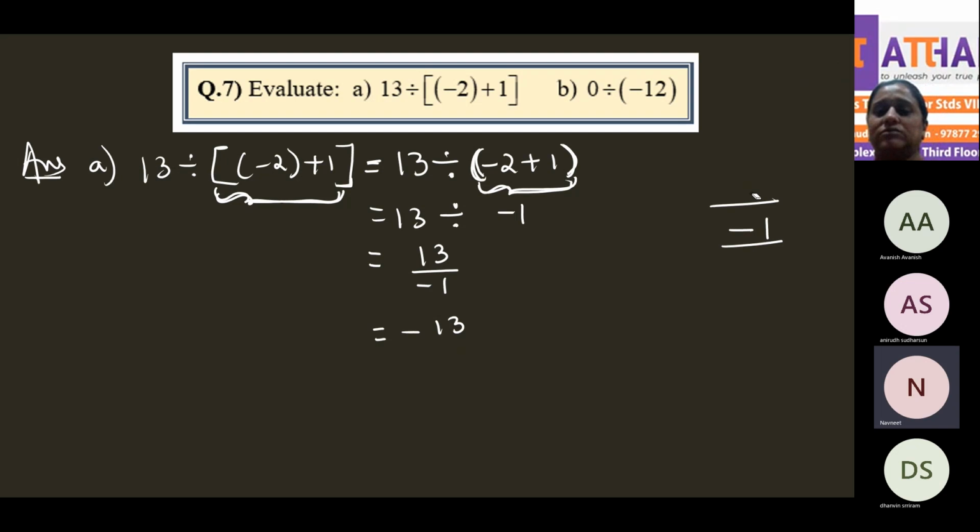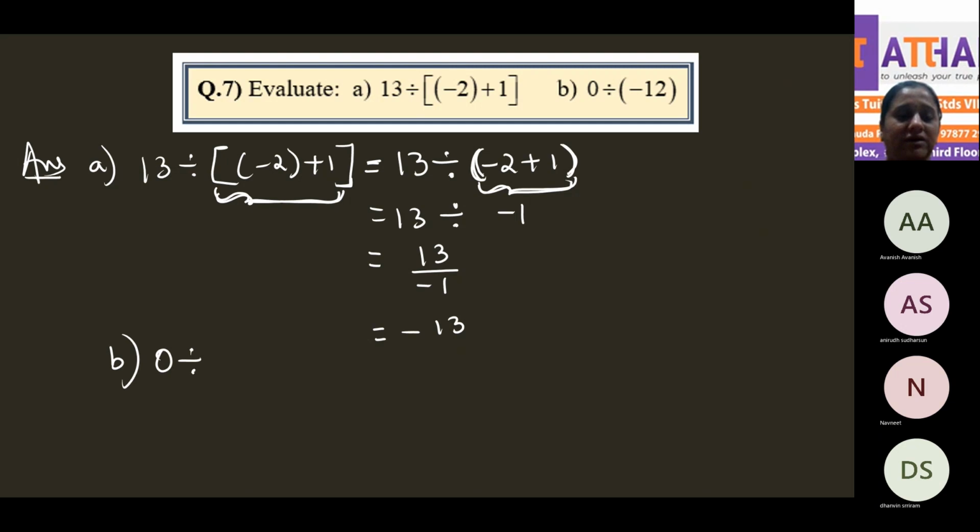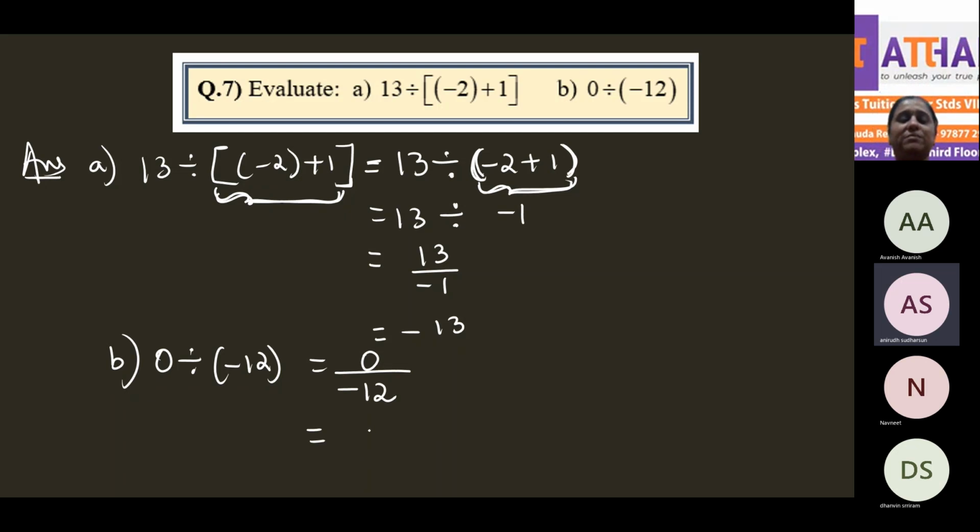Yes, boys. Please write down. Ma'am, there's B too, ma'am. There's also the B question. Okay, fine. So that is 0 divided by, in the bracket, -12. So this is equal to 0 divided by -12, correct? Yes, ma'am. What is 0 divided by -12, boys? 0, ma'am.